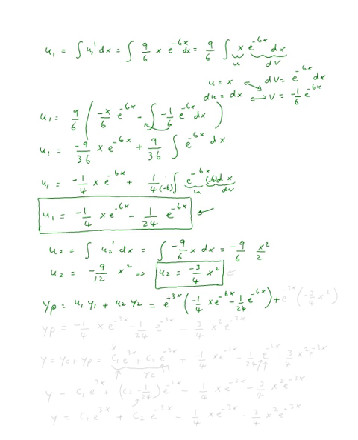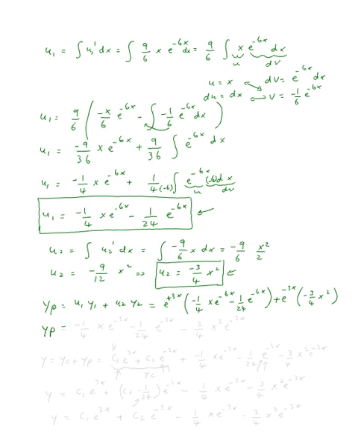Plus u2 times y2, u2 is here. y1 is actually e^(3x), so this is positive 3x. And then y2 is e^(-3x), and it's times u2.